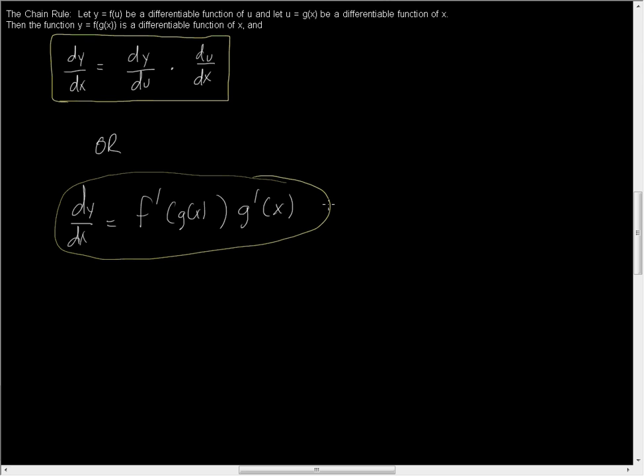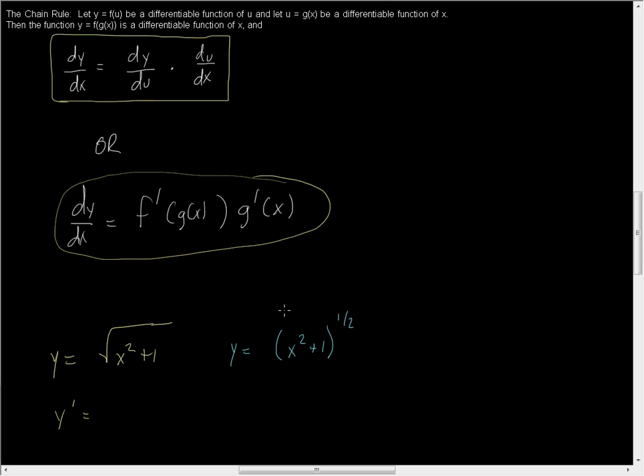Okay, and so let's take a couple of examples here. Let's say we have something like y is equal to the square root of x squared plus 1. And we're told to find the derivative of that. Well, we can rewrite this as y equals the quantity x squared plus 1 raised to the 1/2 power.